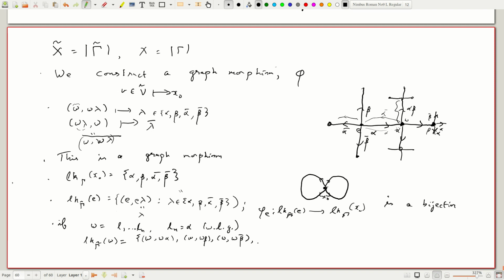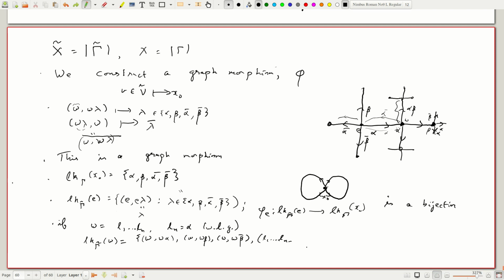Finally, we have another way of coming to alpha, namely I could take the previous word. I look at L1 through Ln minus 1 and L1 through Ln. This is W. But this does not have initial value alpha, so I have to correct myself.